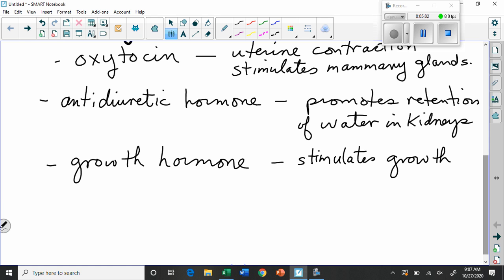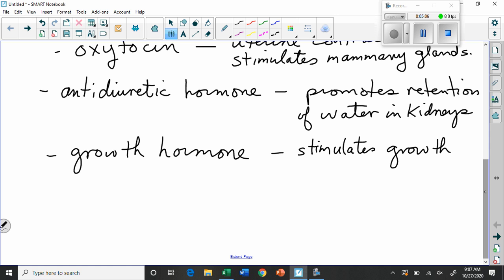If it's not in the appropriate amounts, we can get improper growth. Doctors will often check kids out to make sure that they're meeting certain benchmarks as they're growing. Like they should have a certain height on average by a certain date, a certain weight. And if they don't meet them, one of the issues might be a problem with the pituitary producing growth hormone.